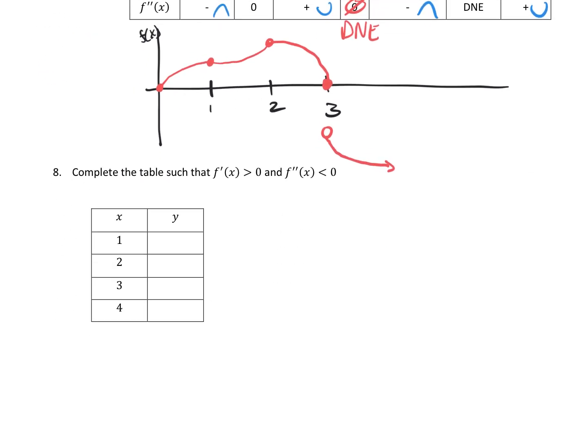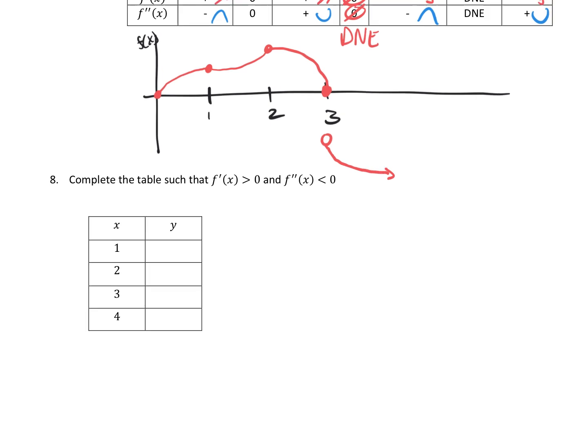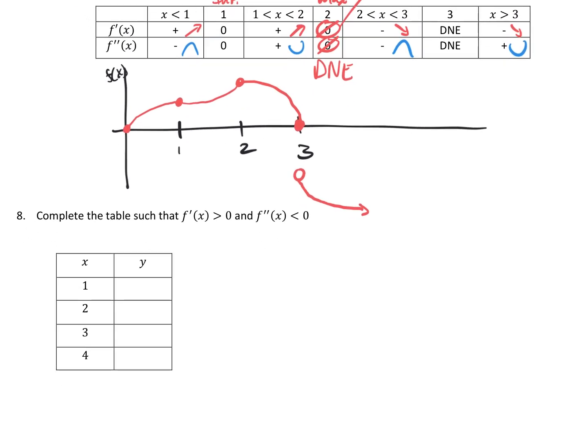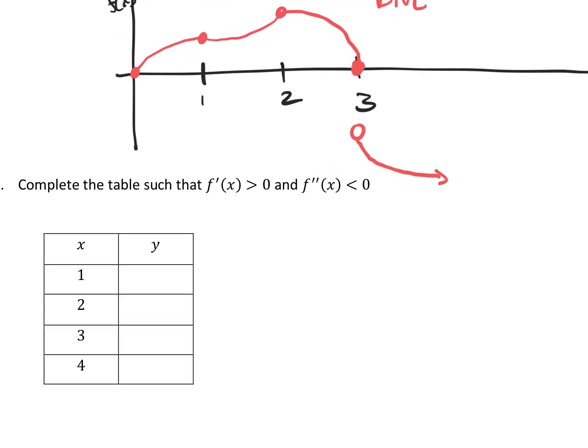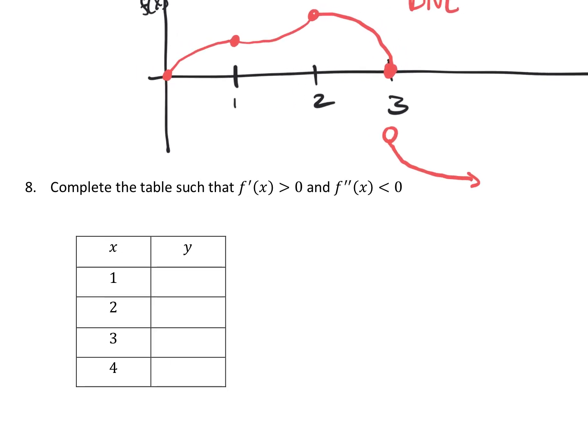Last but not least, we're going to make a table here. We want to make a table so that this is true: the change in f is greater than 0. That means it's increasing, and it's increasing, but the rate at which it's increasing is getting smaller.